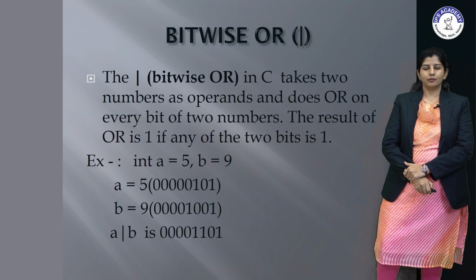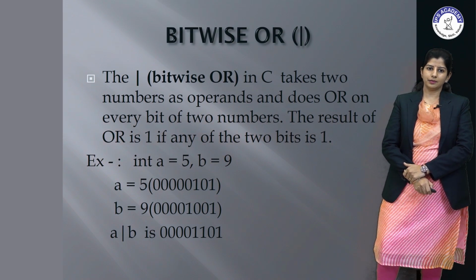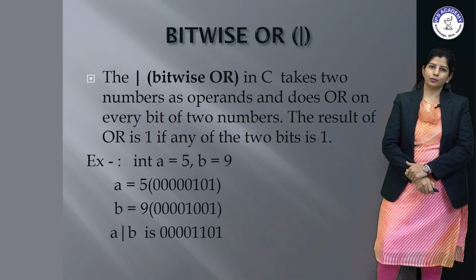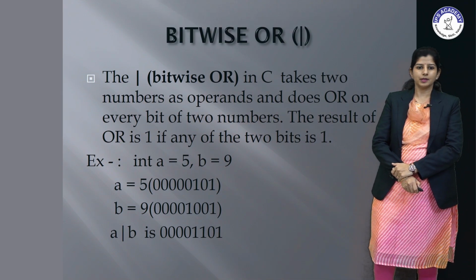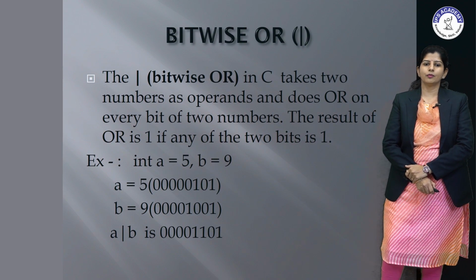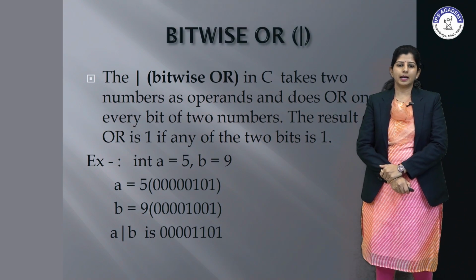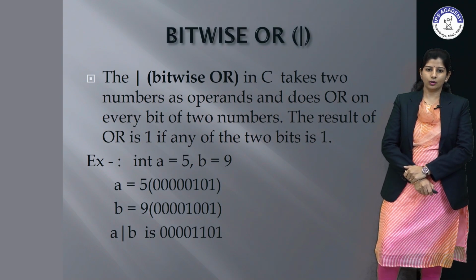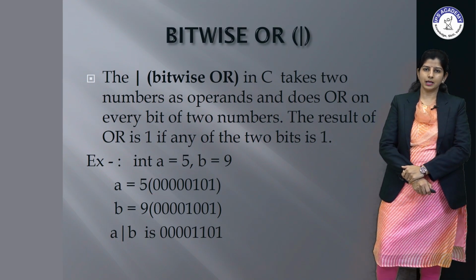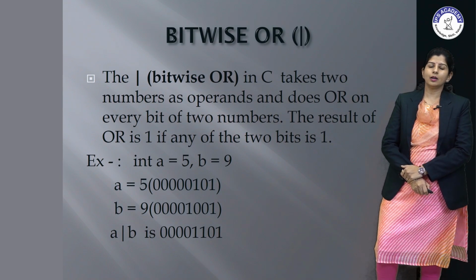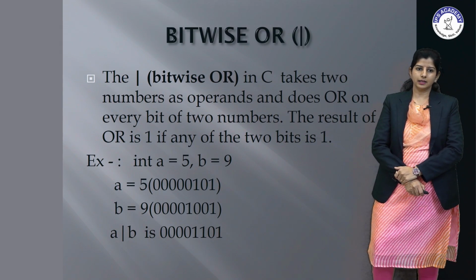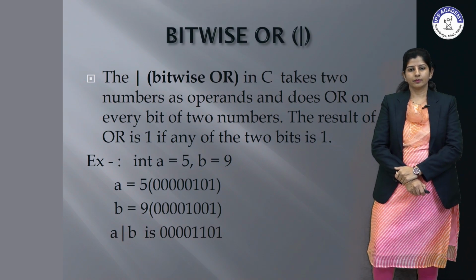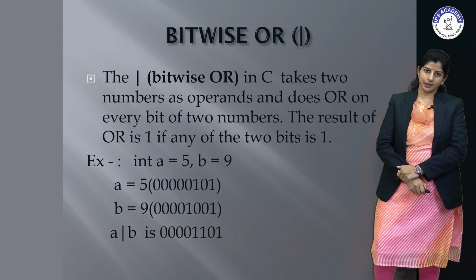The same values: A is 5 and B is 9. The binary number of 5 is 0 0 0 0 0 1 0 1, and 9 is the same. And how can I apply the OR operator over here? A OR B means when either the 5's binary bit or the 9's binary bit is 1, then I am getting the result 1.